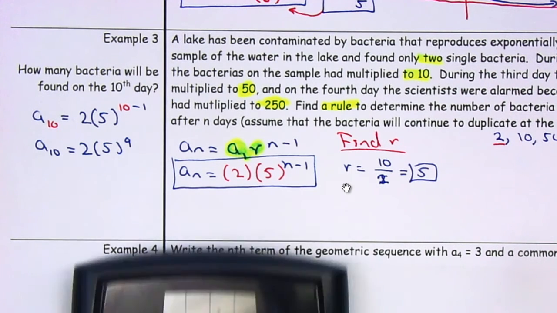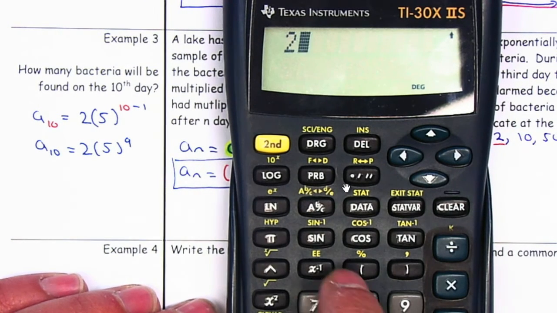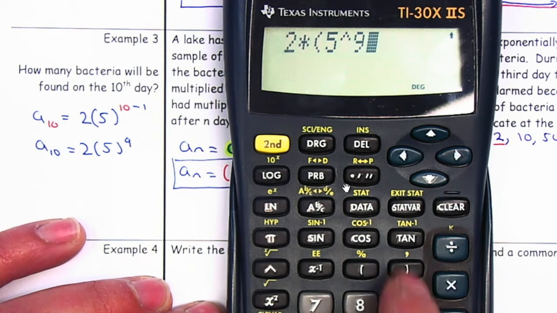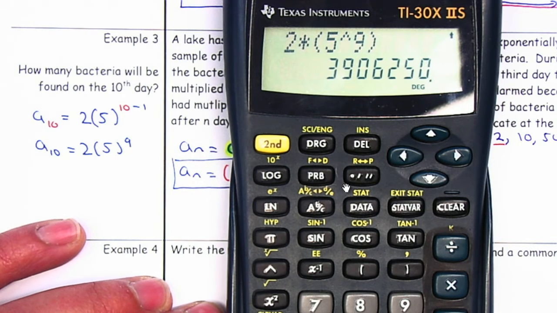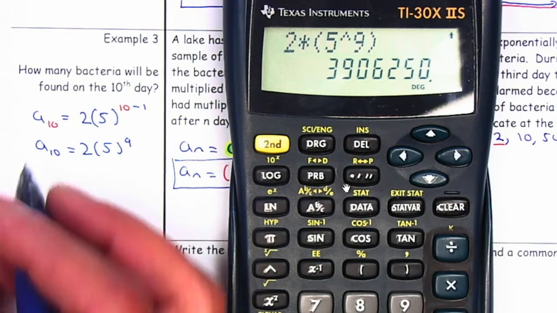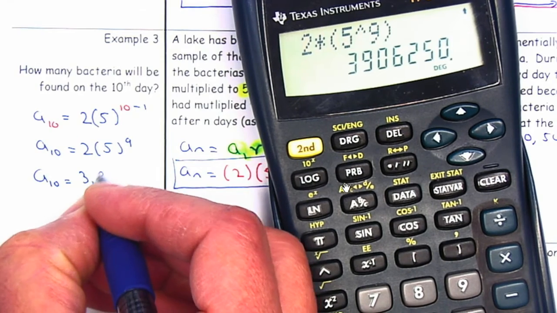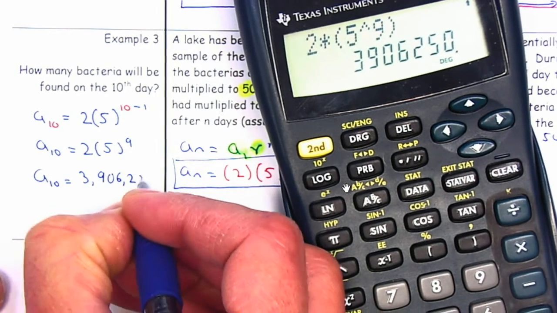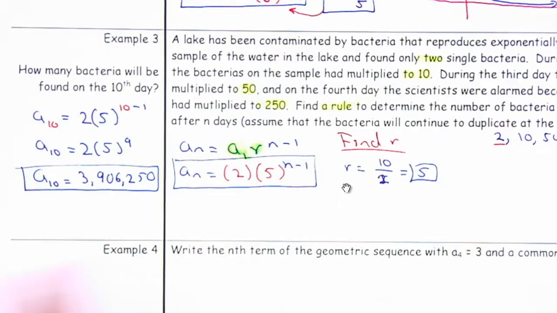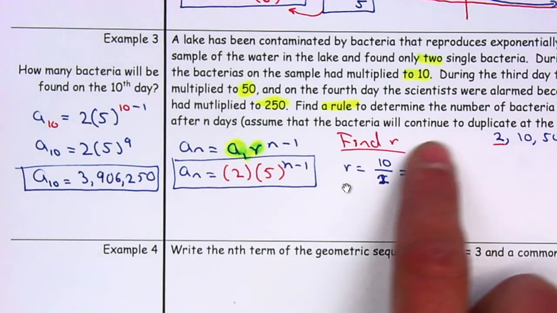And we can just plug it into the calculator. So we have 2 multiplied by 5 to the power of 9. And that'll give me 3,906,250. So the 10th term after 10 days, if the bacteria continues to reproduce at the same rate, this is how many bacteria they are going to be able to find. So remember, key concept is that they're asking for the n term, they're asking you guys for the equation, so you are able to find any term on the sequence.